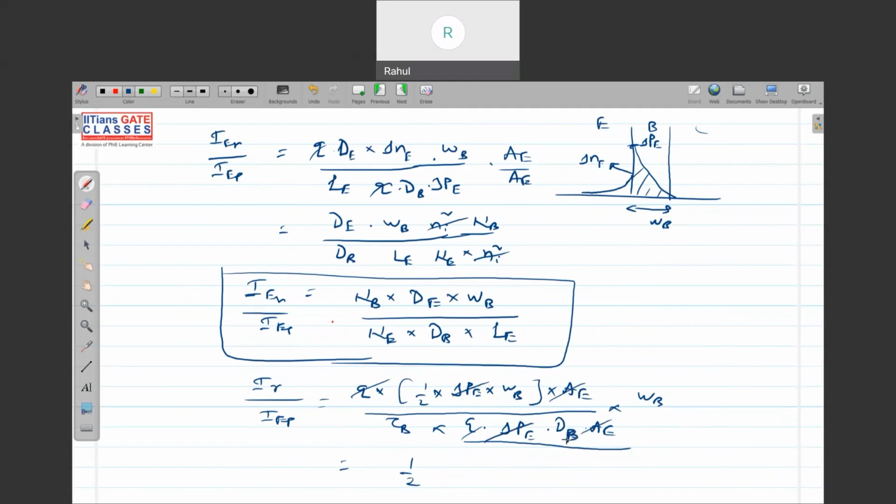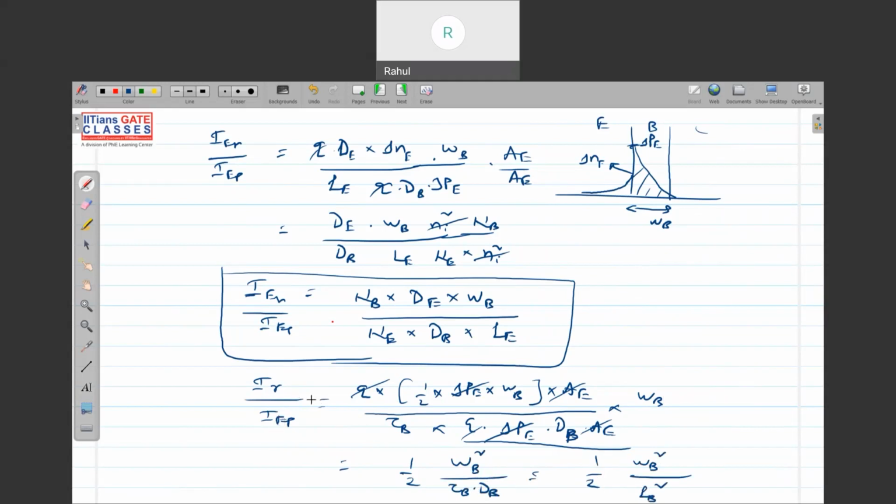This is DB, okay, because this is the diffusion constant in the base region, right? So we got half WB into WB is WB square by tau B into DB. Okay, so we know tau B into DB is nothing but the diffusion length square. So it equals half WB square by LB square. This is IR by IEP.